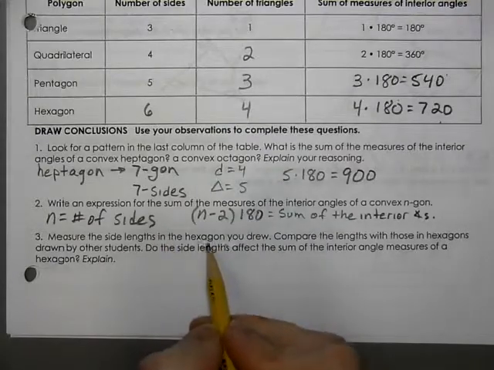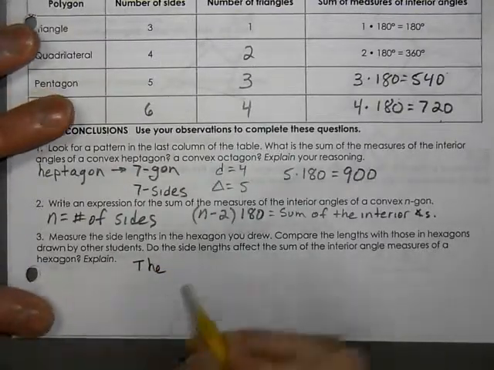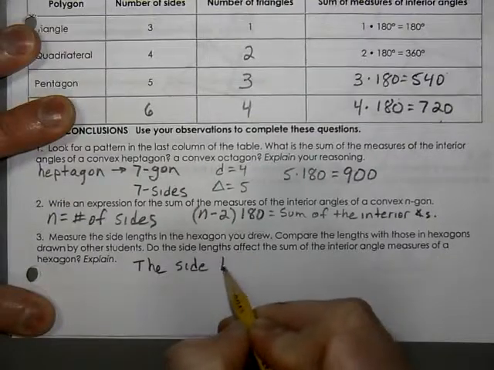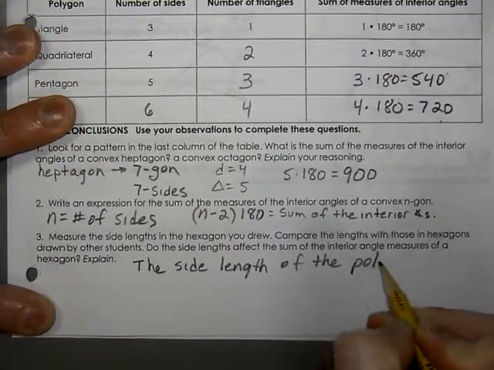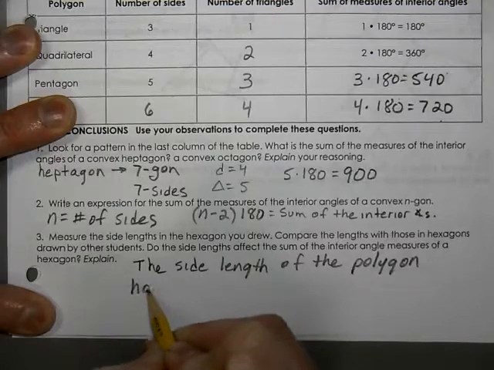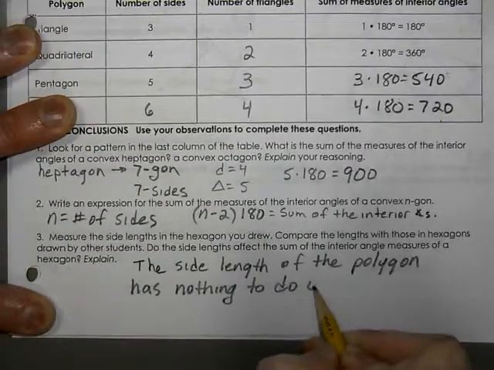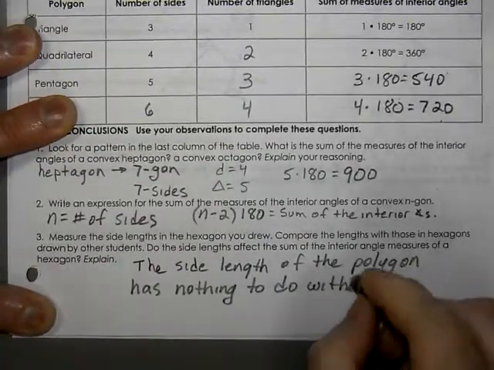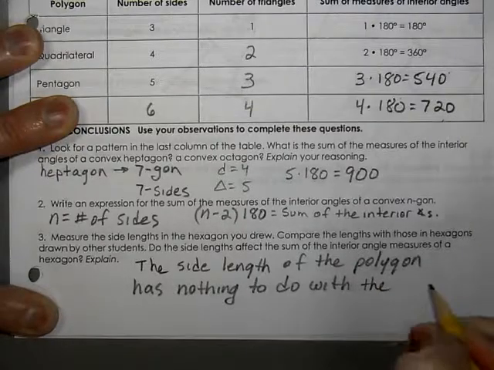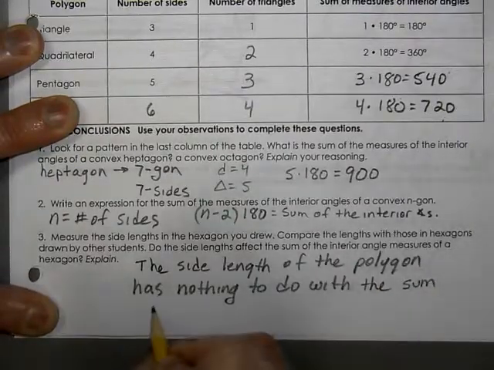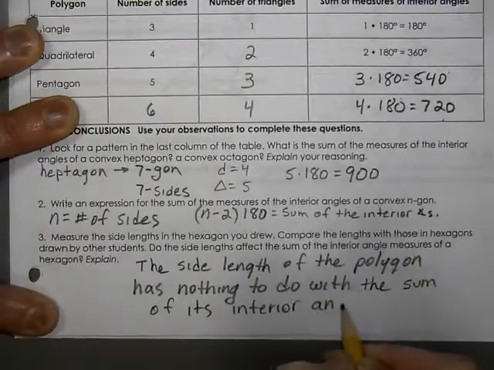Even if the side lengths are large or super small, we would concur that the side lengths of the polygon have nothing to do with the sum of its interior angles.